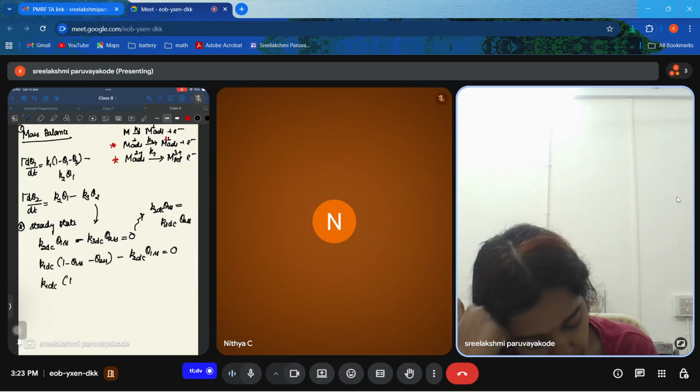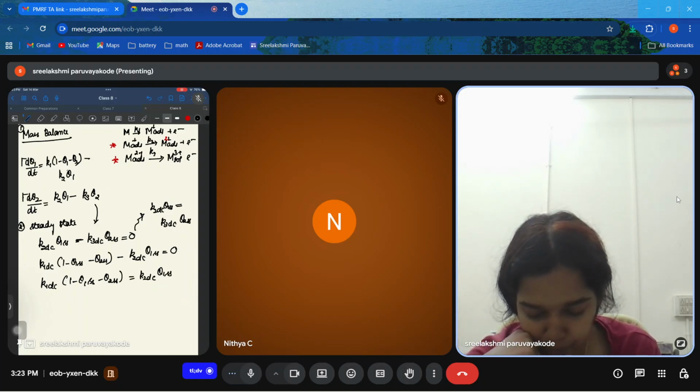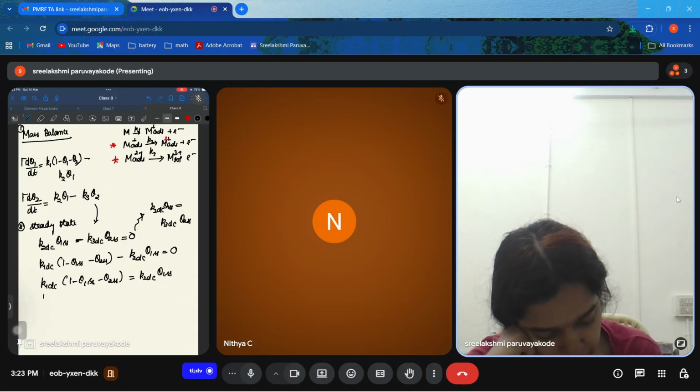Now, let's see if I can simplify it somehow. Here I'm going to open the bracket first, K1 dc, and take all the terms with theta 1 SS to the other side. K1 dc equals K1 dc theta 1 SS plus K1 dc theta 2 SS plus K2 dc theta 1 SS.